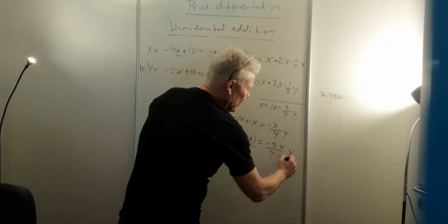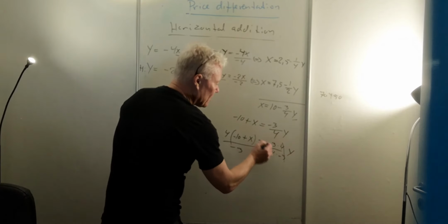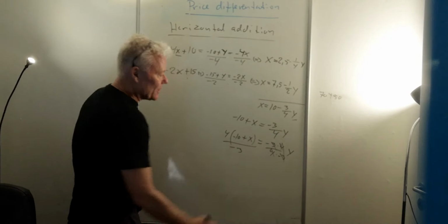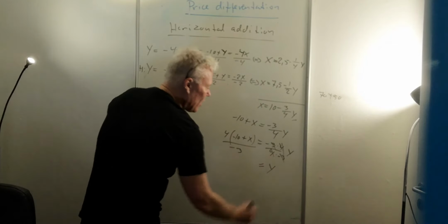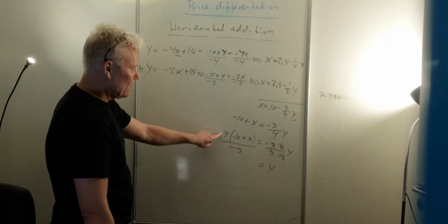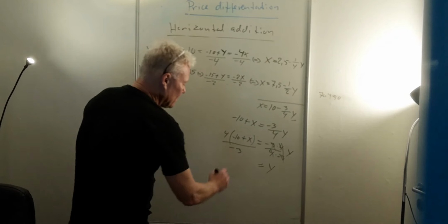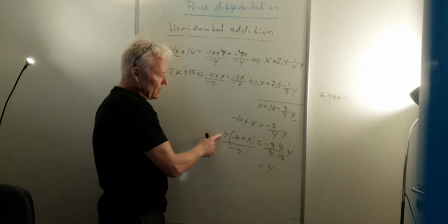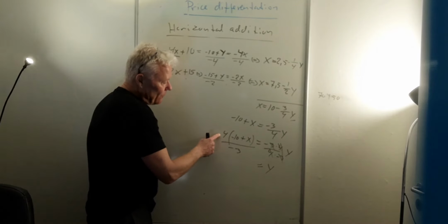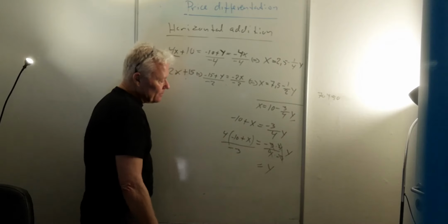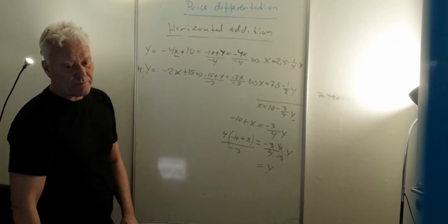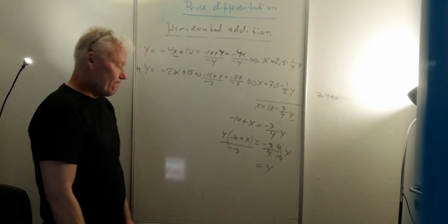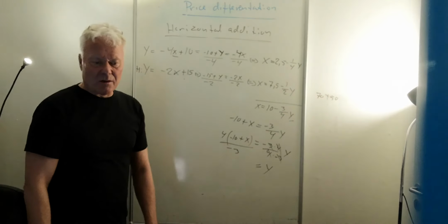And you have y over here. So these numbers cancel each other out. So you have y is equal to 4 times 10 is 40, divided by 3. It gives you an odd number.